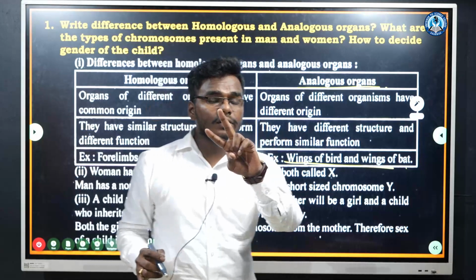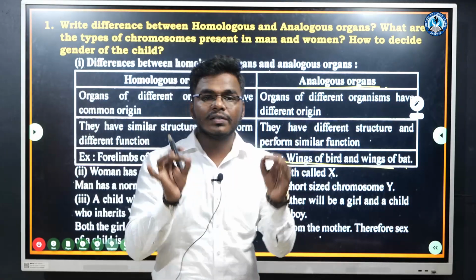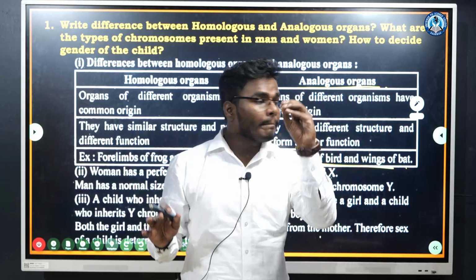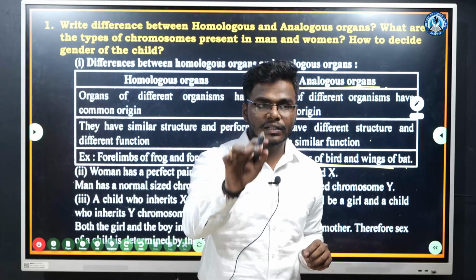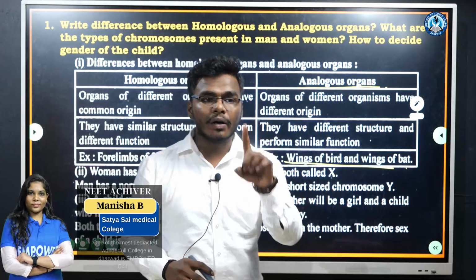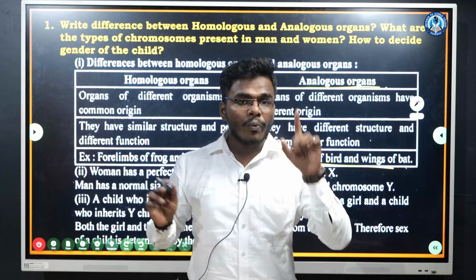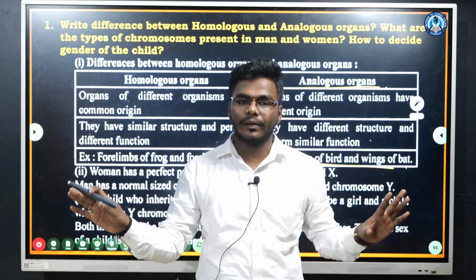Both are structurally different and the origin is different, but the function is the same. The insect uses its wing to fly, and at the same time the bird also uses its wings to fly, but origin and structure are different.